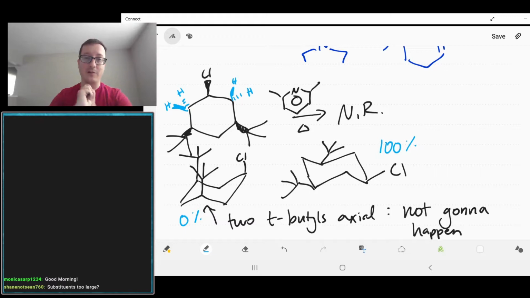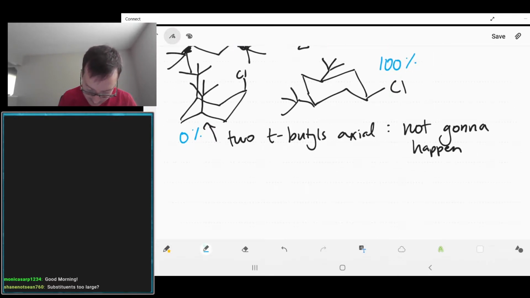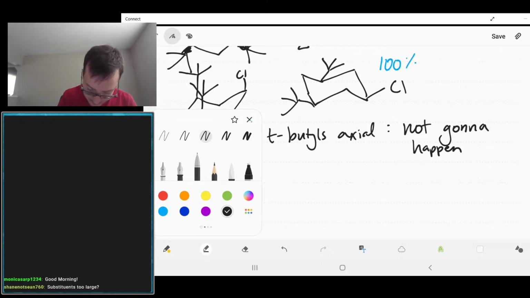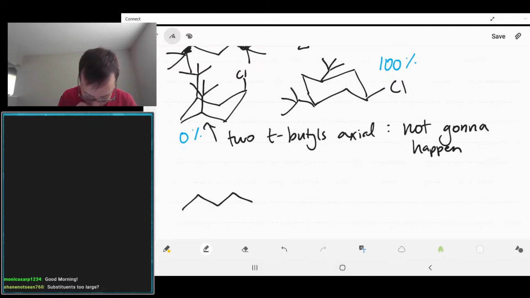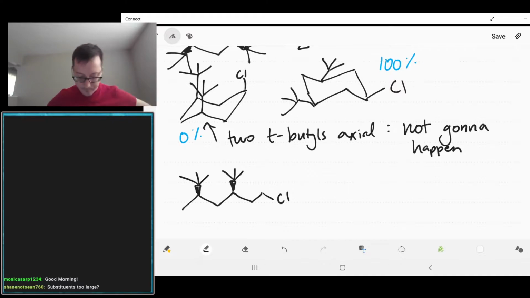Because normally, if you've got chlorine and you've got some T-butyls around on a regular chain, it'll just rotate and now poof, you've got your chlorine ready to go. But this ring here has new restrictions on it. If we had just a plain old chain, this will react just fine.